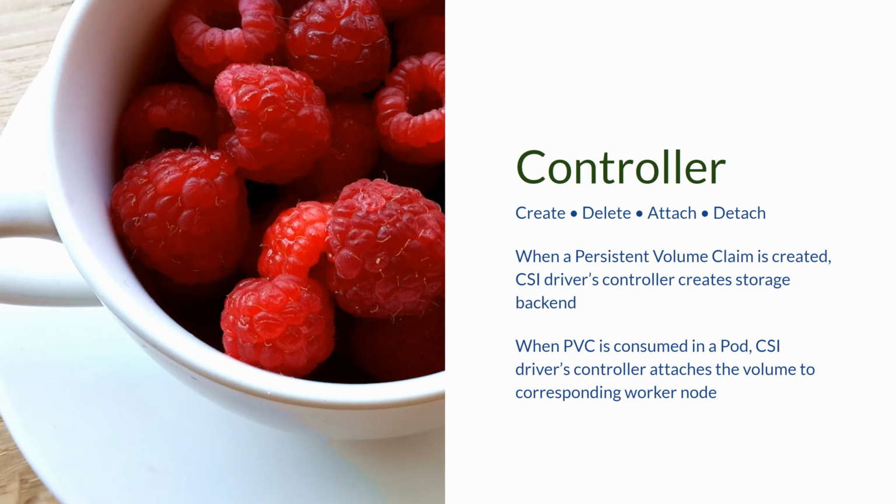Now, what exactly is the controller? The controller's responsibility is to create and delete, and also to attach and detach the volume to the worker node. So as we saw earlier in the use cases chart, when a persistent volume claim is created, then the CSI provisioner sidecar will get notified, and that sidecar in turn will figure out what is the corresponding CSI driver.